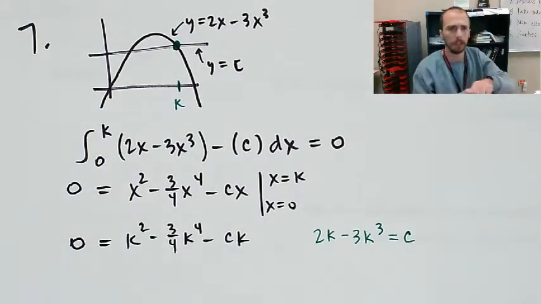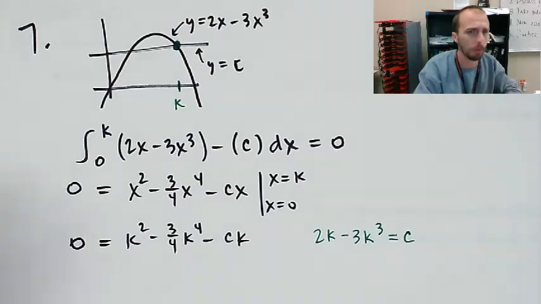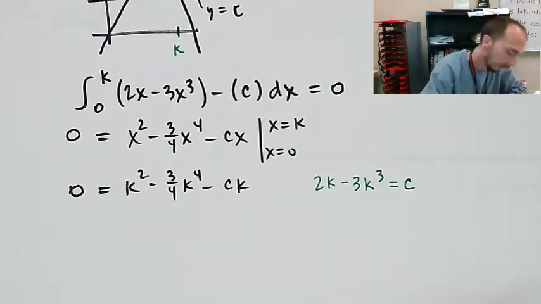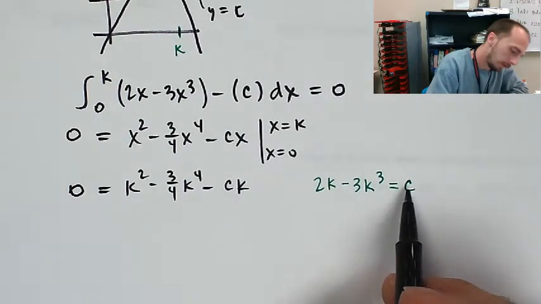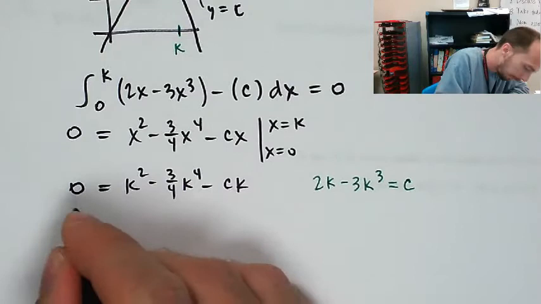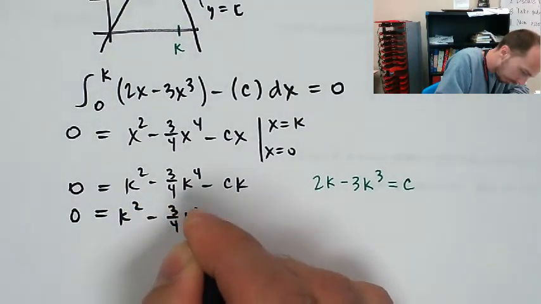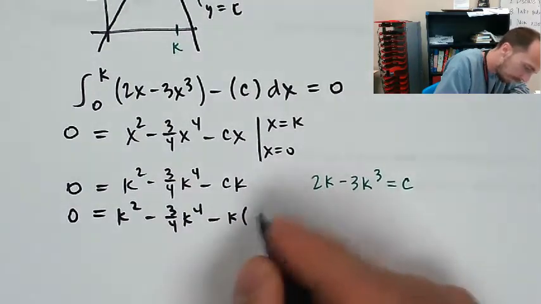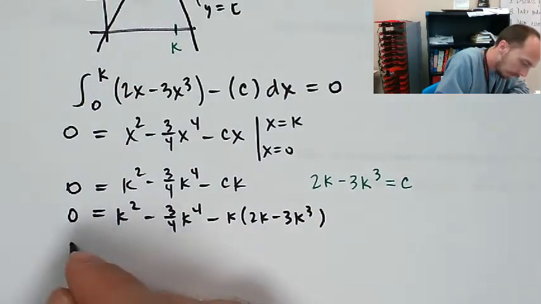Okay. I think that this one, if I recall correctly, is one that works out. Even though it's 4th degree, I'm a little concerned about this 4th degree aspect, but what can I do? Can't really do much. So I'm going to substitute on c right there. So k times c is 2k minus 3k to the 3.